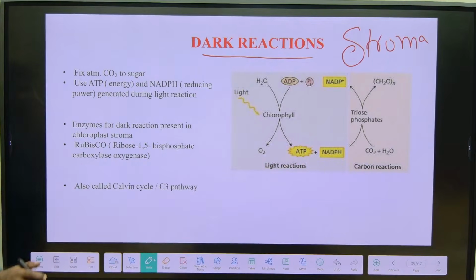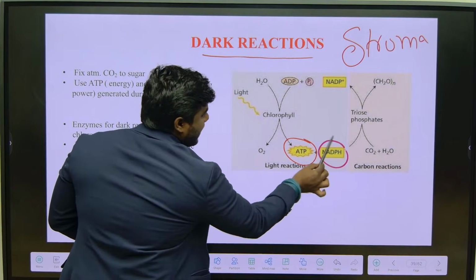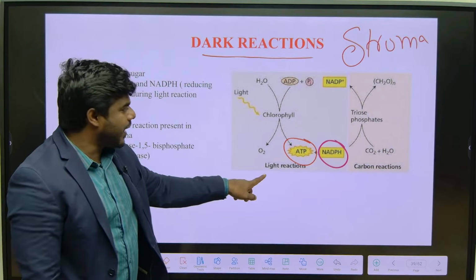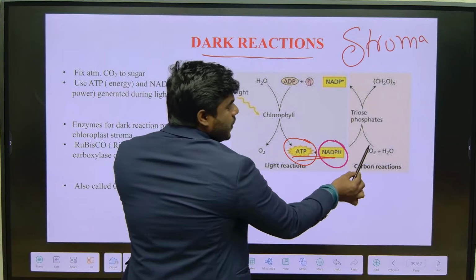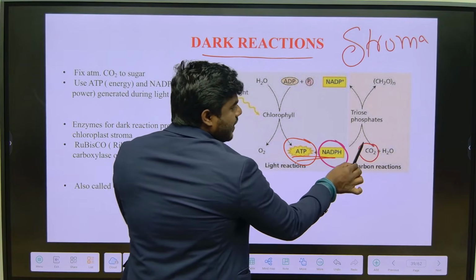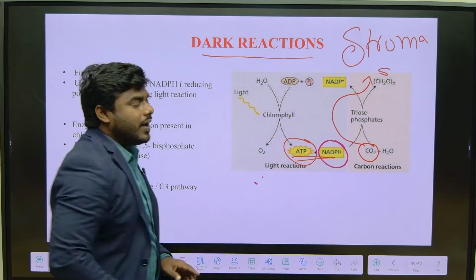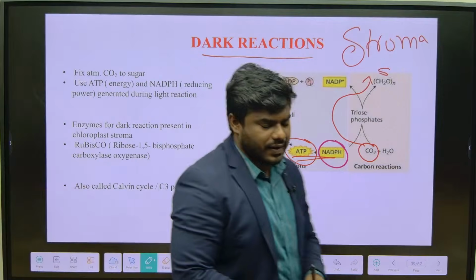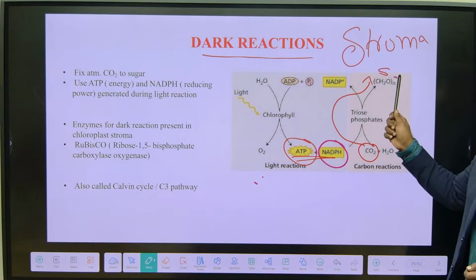All right, look into this. Whatever ATP and NADPH we produced in the light reactions, the entire energy can be used by the carbon dioxide, and the carbon dioxide is getting reduced into sugar. Now you can observe the picture clearly. The carbon dioxide cannot reduce into glucose directly.